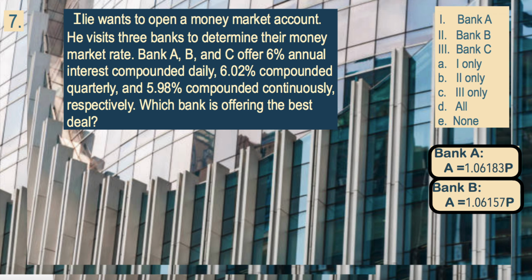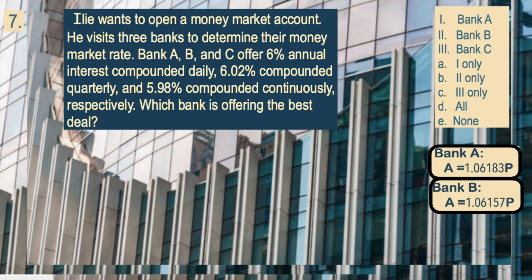Finally, Bank C offers continuous compounding, so we have to use the continuous compounding formula, unlike the formula we used for the other two. A equals P e raised to the power rate times time.